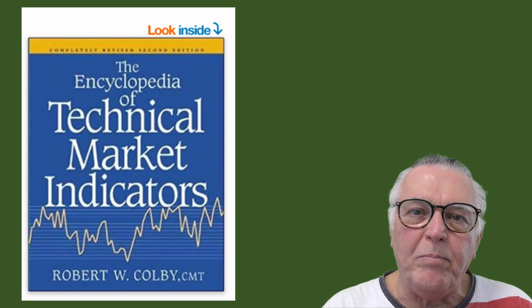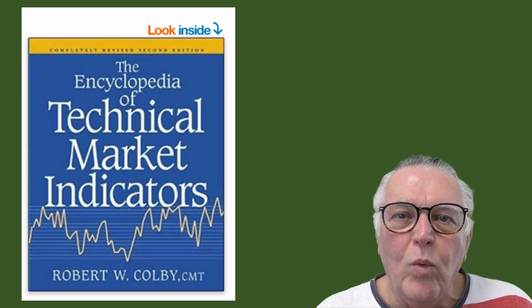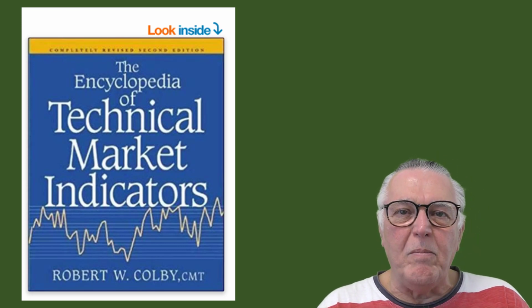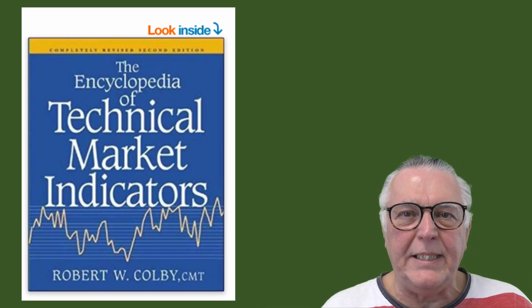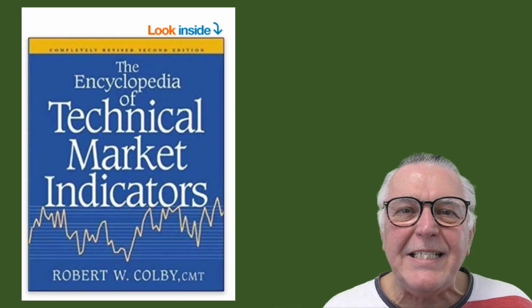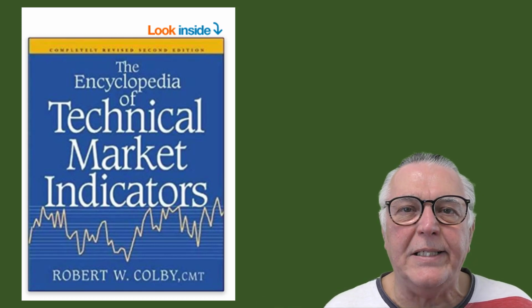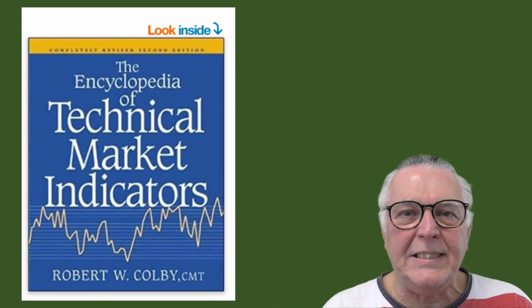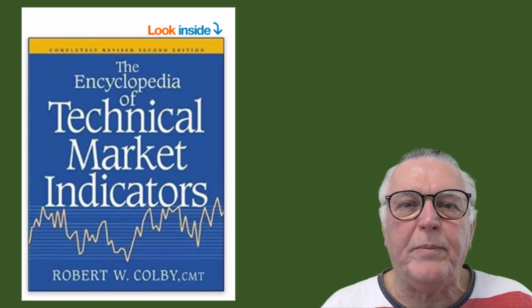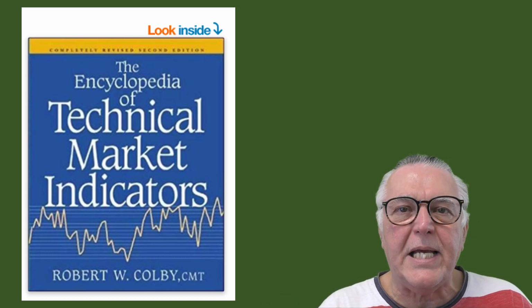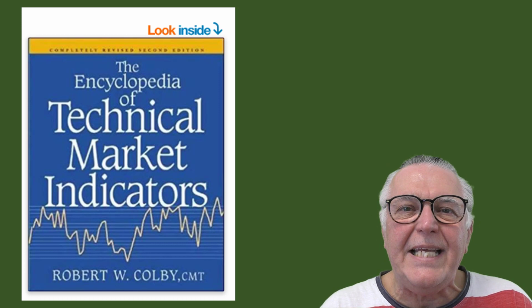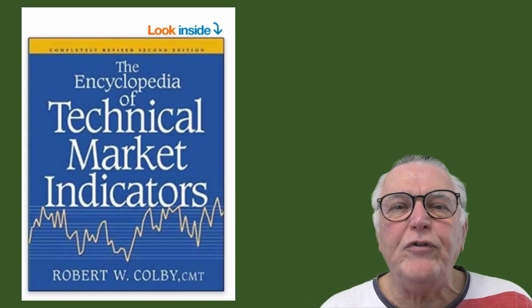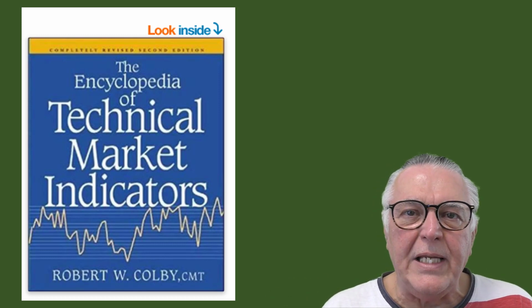When I started out in Forex trading, we invested thousands and thousands of dollars in education, in courses, in books and things like that. One of the books that we purchased was this Encyclopedia of Technical Market Indicators, where every single known indicator is analyzed. It's the most fantastic book. It gives you the code of the indicator, it analyzes the indicator over approximately 80 years, and it gives you the strengths and weaknesses of the indicator.